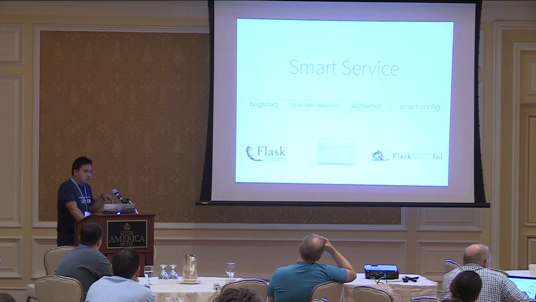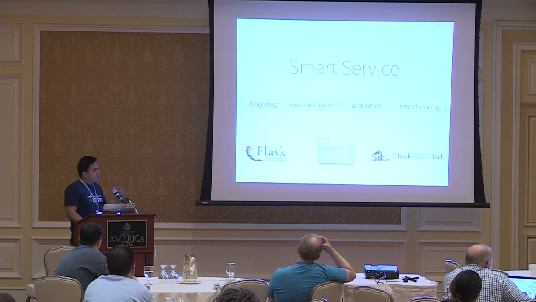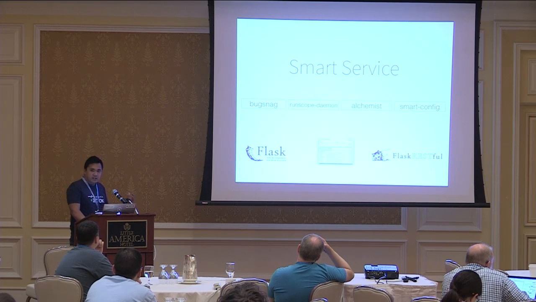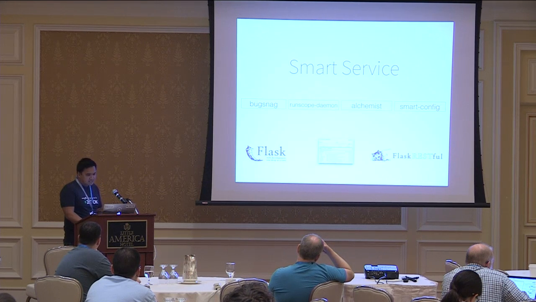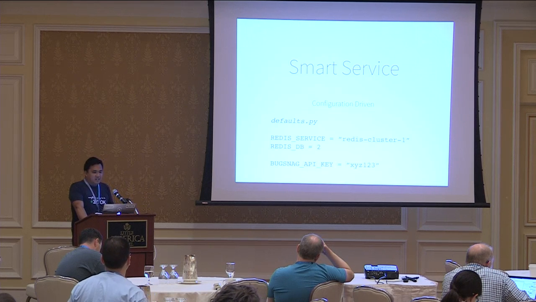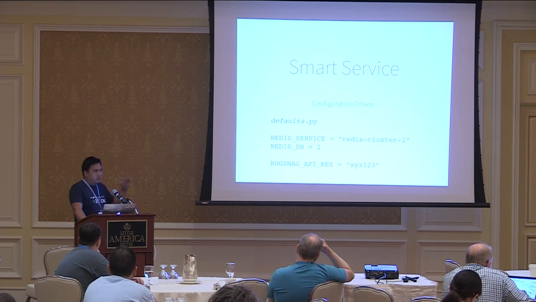Next set of packages were a combination of third-party and some internal things we built. Bugsnag is a third-party tool that we use for exception logging. Runscope daemon helps with daemonizing processes and async and creating async tasks. Alchemist is for database connection handling and management. And then there's this thing called Smart Config. Smart Config helps us where we used to have all of our hard-coded constants and API keys stored in some file, which is great because the way that you refer to them is really simple.